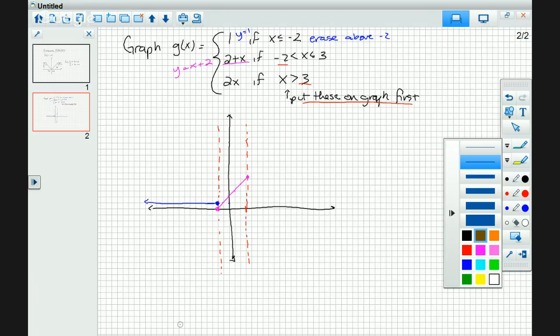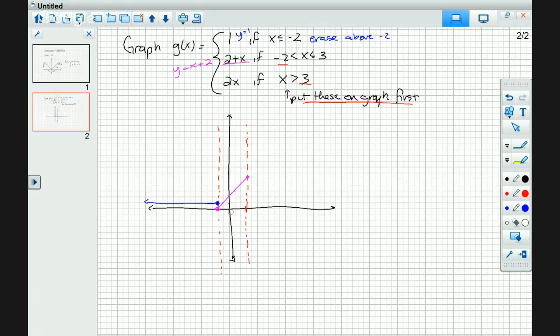2x. So the y-intercept is 0, up 2 over 1. If you don't want to have to erase, I started with the y-intercept of 0, and I just tracked my way up to where it hit the wall and went beyond it because it's above 3.